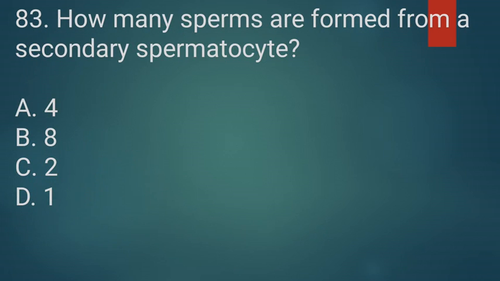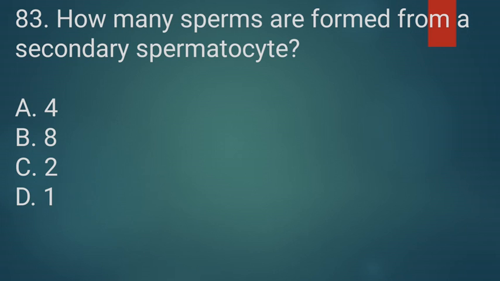Next question. Question number 83. How many sperms are formed from a secondary spermatocyte? Options are option A 4, option B 8, option C 2, option D 1.